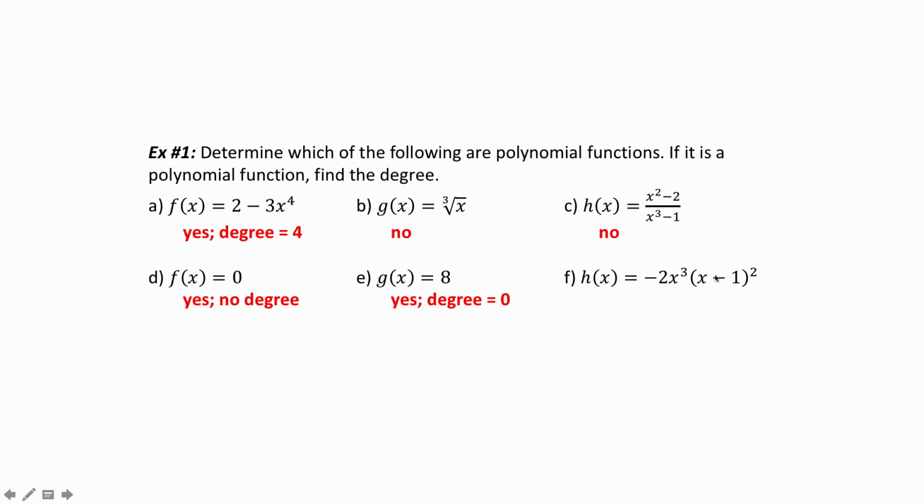Well, if you multiply this highest power, x squared, with this negative 2x cubed, negative 2x cubed times whatever x squared is going to be something times x to the 5th power. So when you're finding the degree of this, you take the degree here and you add it to the power of whatever is being multiplied. So this is x to the 3rd plus x to the 2nd, right? So 3 plus 2 is 5. So this is a degree of 5.